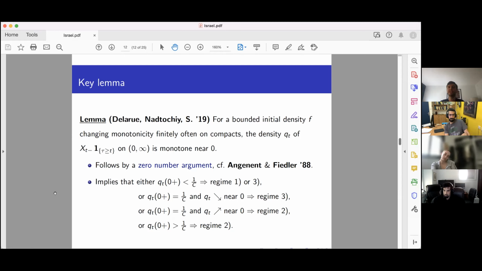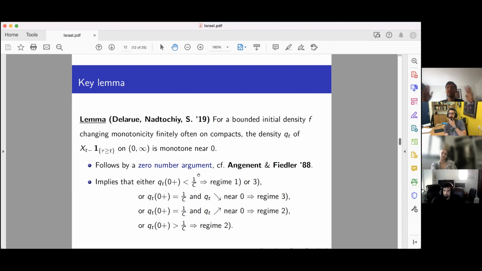To rule that out, we use an argument from PDE analysis, the so-called zero number argument, which allows you to argue that the number of monotonicity changes in the temperature distribution cannot increase over time.